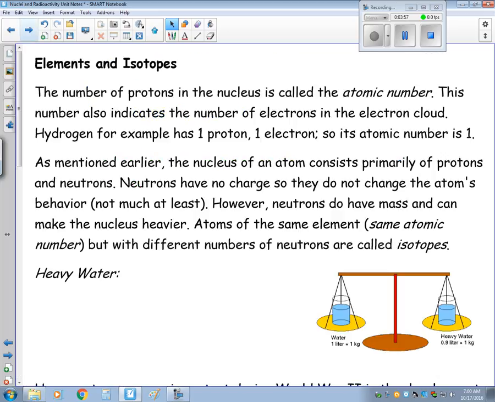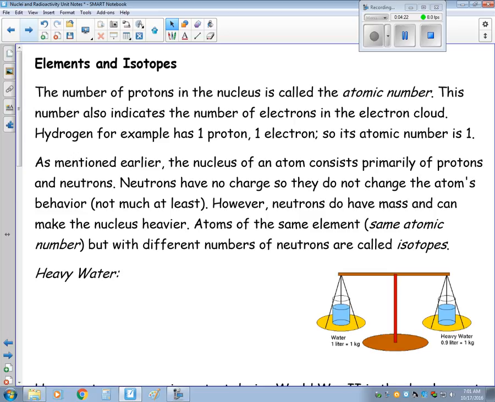Going on with a little more review, elements and isotopes. The number of protons an atom has, or a nucleus has, is called the atomic number. This number also indicates the number of electrons in the electron cloud. So using hydrogen as an example, it has 1 proton, so it has 1 electron, and its atomic number is 1.